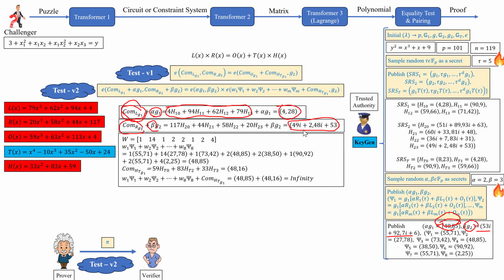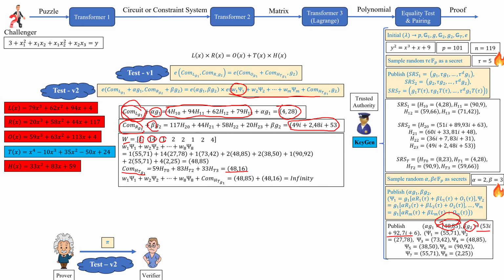So then the prover needs to compute this part. Commit of T1 is this one, computed already, and commit of W1 multiplied by psi1. W1 is 1, W2 is 14, W3 is 1, and so on.